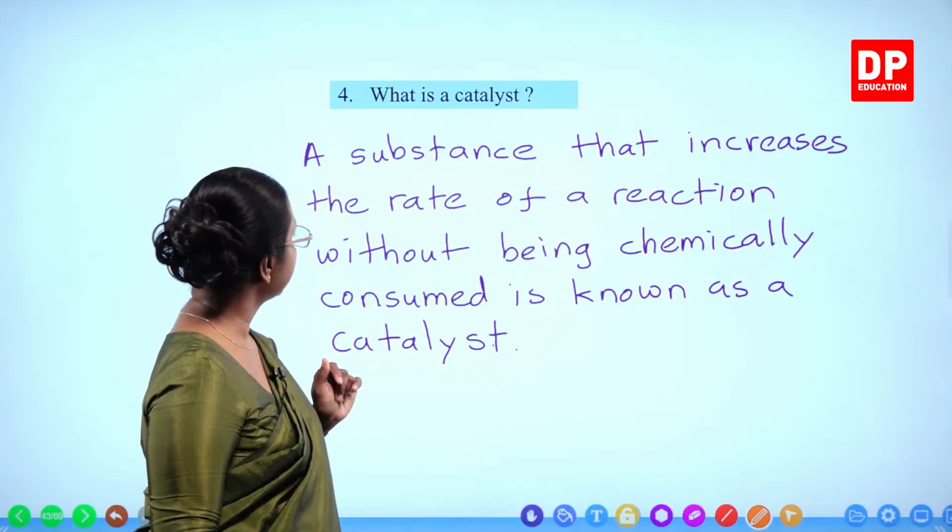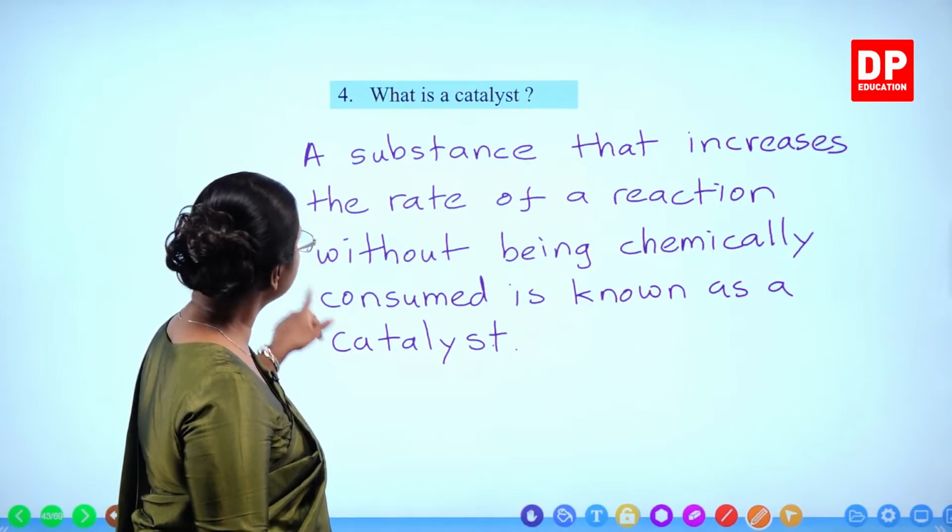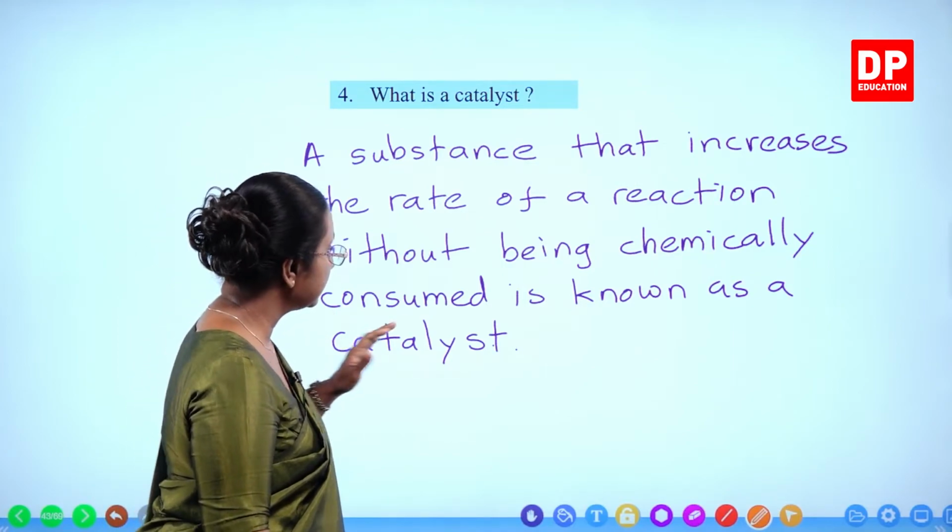A substance that increases the rate of a reaction without being chemically consumed is known as a catalyst.